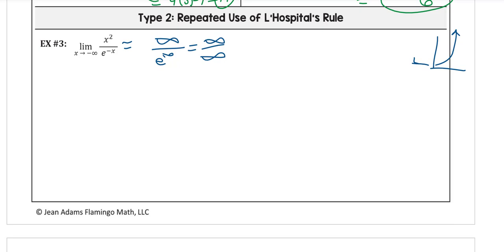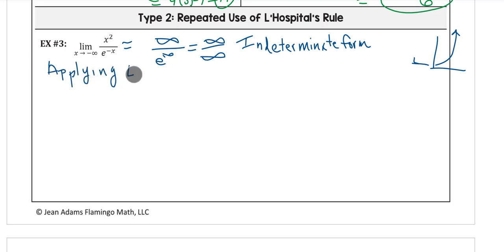So this is an indeterminate form. So applying L'Hopital's rule. The nice thing is at least we don't have to say that the functions are differentiable and all that stuff.